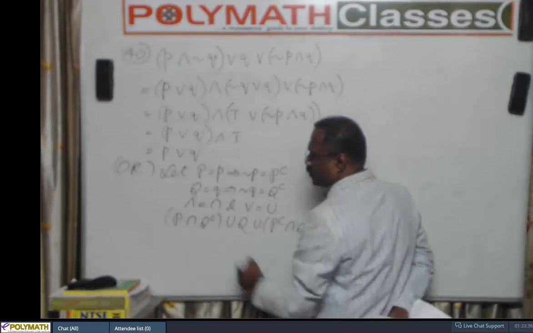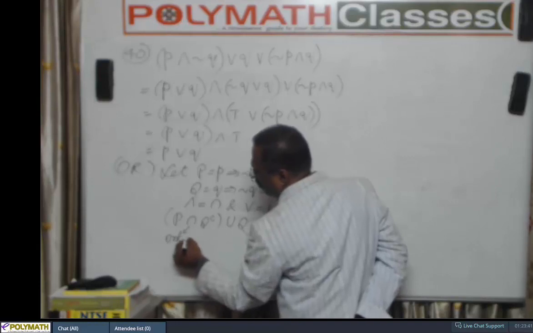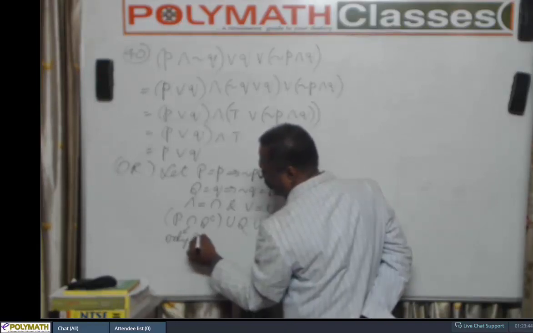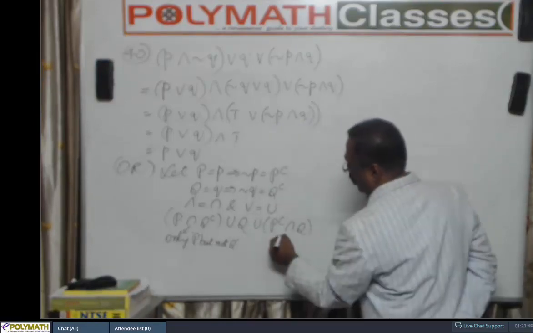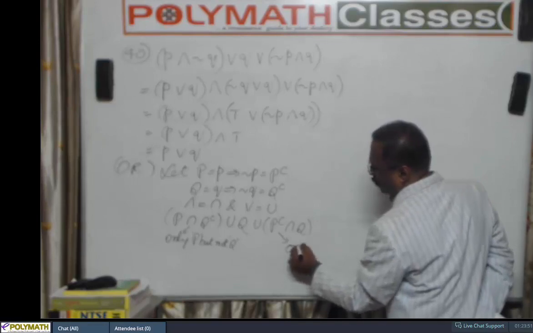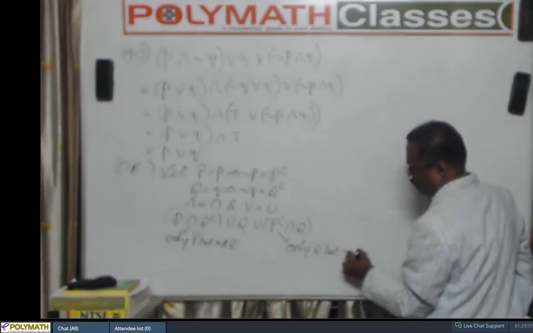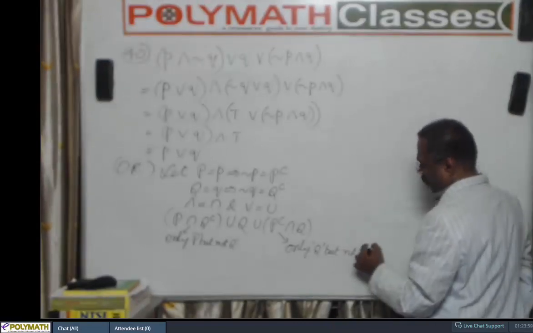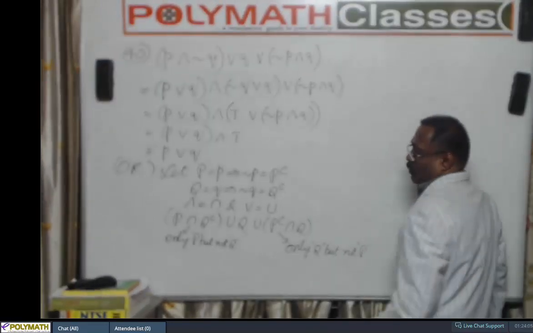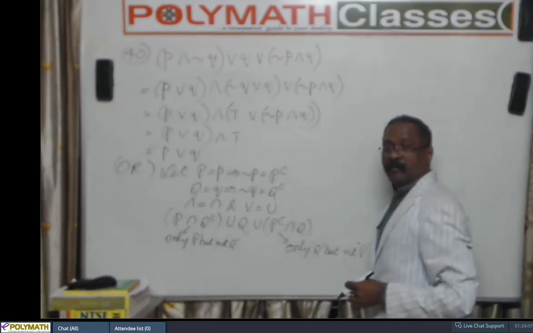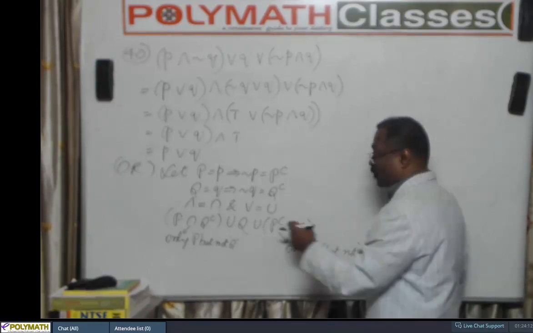P intersection Q complement means only P, but not Q. And this is only Q, but not P. Only Q, but not P. Only P, but not Q. If you see the union of these two, the intersection of P and Q will be missing.